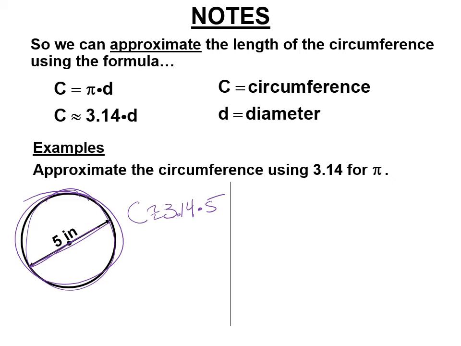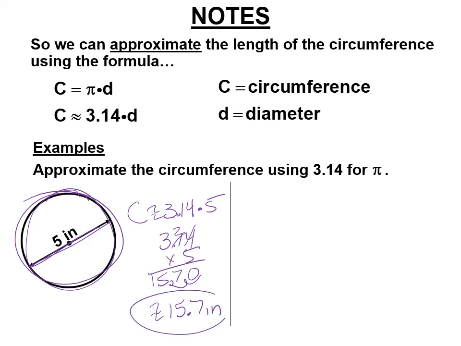That's not going to give us exactly what the circumference is, but it's pretty close. So 3.14 times 5. 5 times 4 is 20. 5 times 1 plus 2 is 7. 5 times 3 is 15. 2 decimals. And so this is around 15.7 inches. If we could straighten out the edge of this circle with a string, it would be around 15.7 inches. It's a little more than 3 times the diameter.